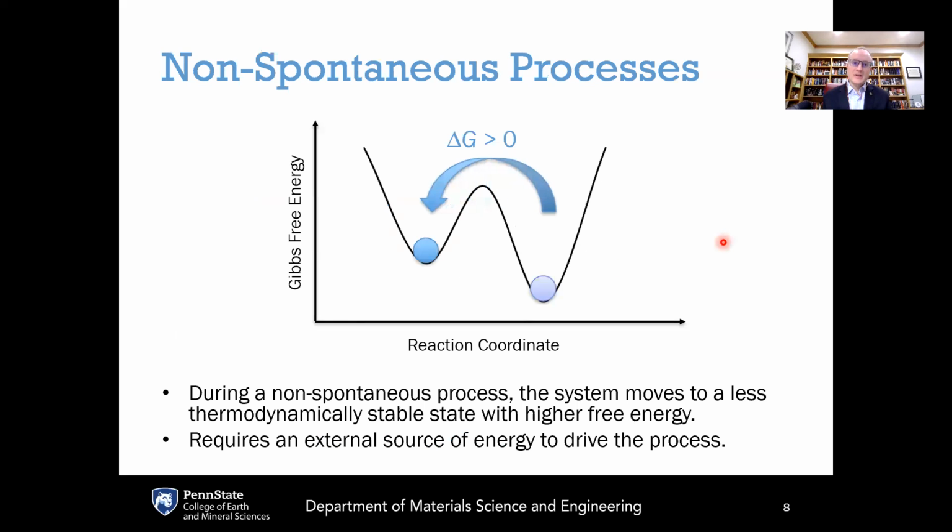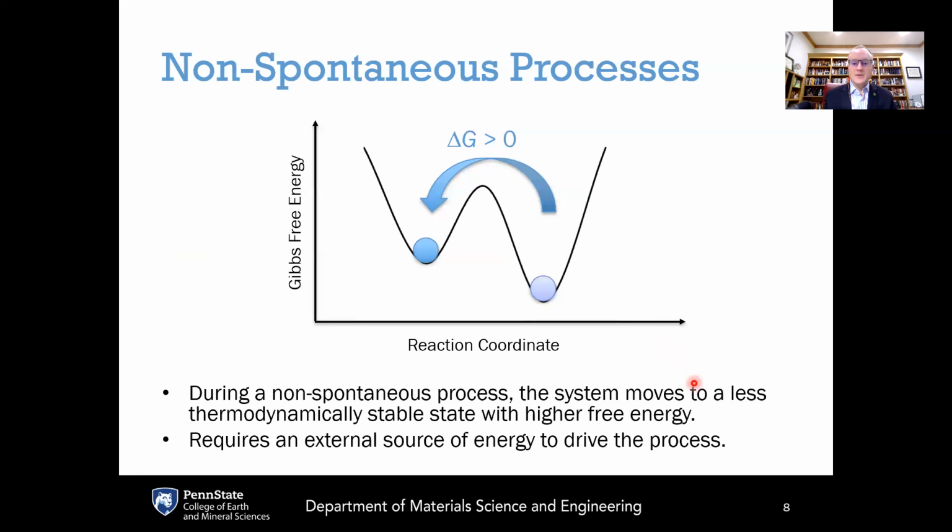Now, the opposite of a spontaneous process is, of course, a non-spontaneous process. With a non-spontaneous process, we are moving from a state that has a lower free energy to a state that has a higher free energy. In other words, the delta G, the Gibbs free energy of reaction here, is positive.